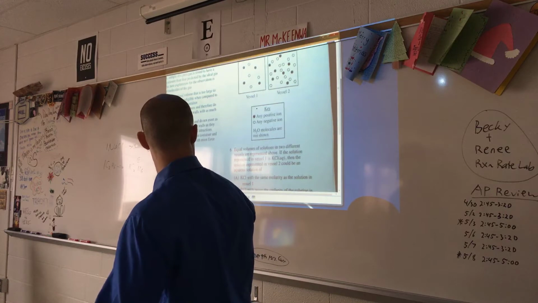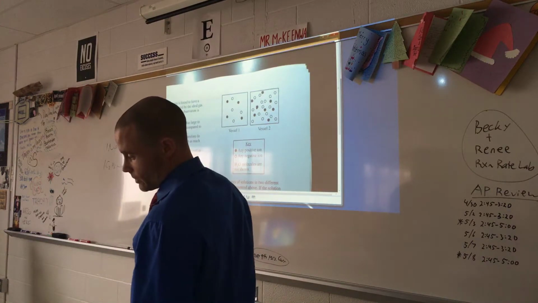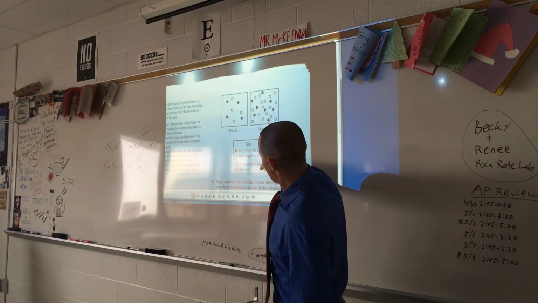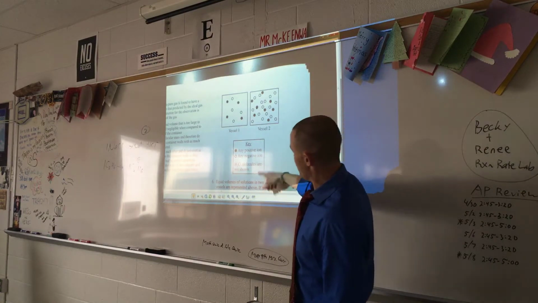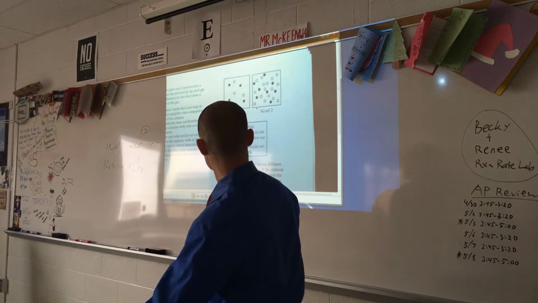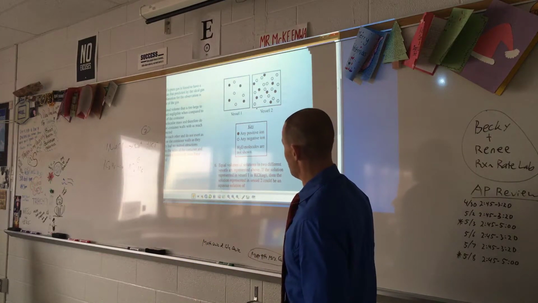Here we go. Alright, we'll do it together. So we got vessel 1, we got vessel 2. The black are positive ions, the white negative, and the water molecules are not shown. It says equal volumes of solutions in 2 different vessels are represented above.